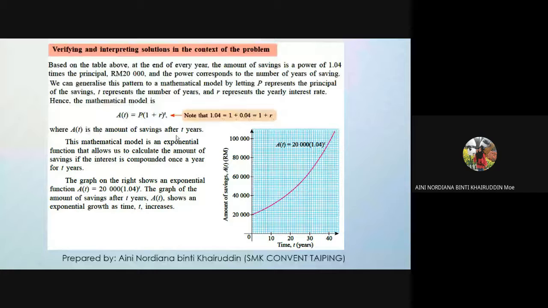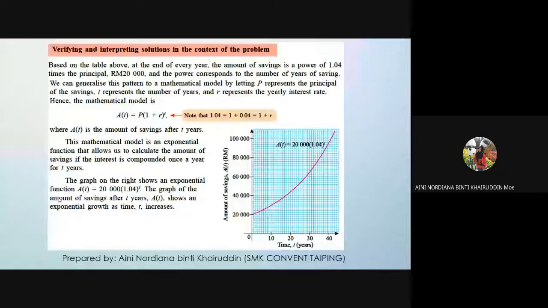Okay, this mathematical model is an exponential function that allows us to calculate the amount of saving if the interest is compounded once a year for 30 years. The graph on the right shows the exponential function A(T) equals 20,000(1.04)^T.